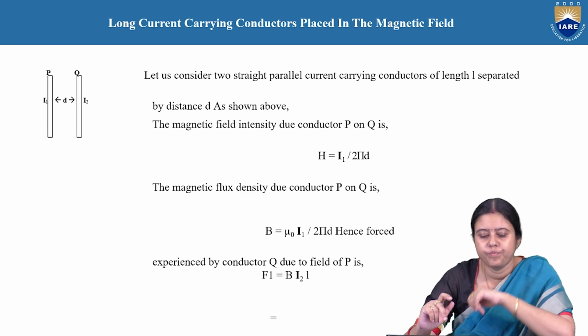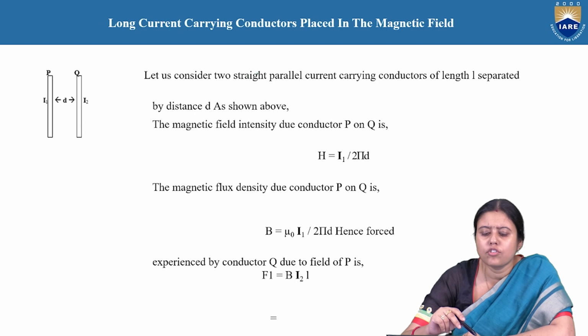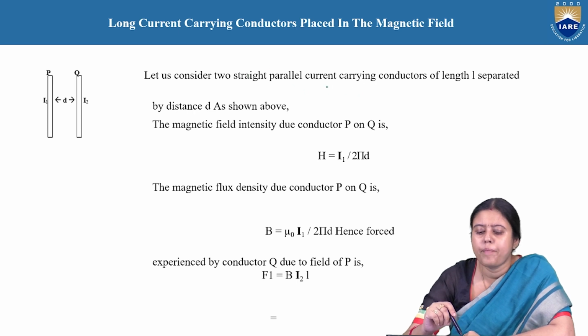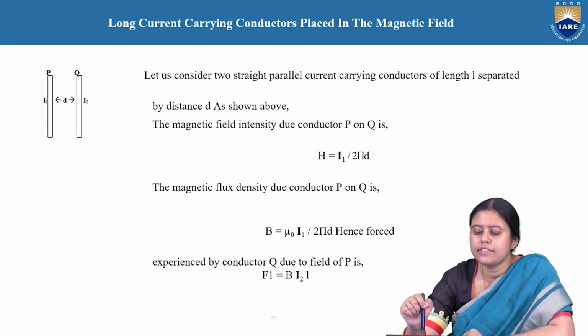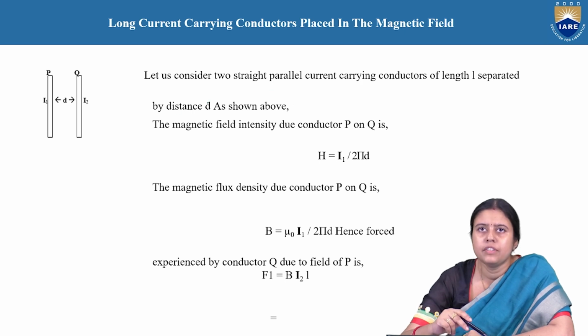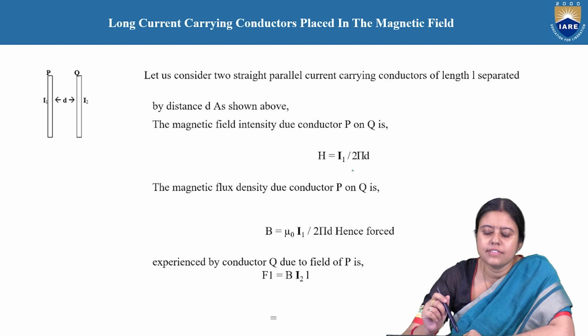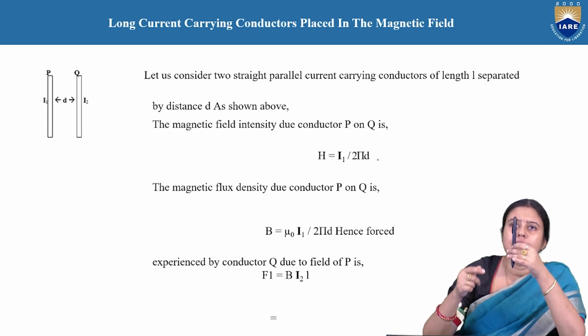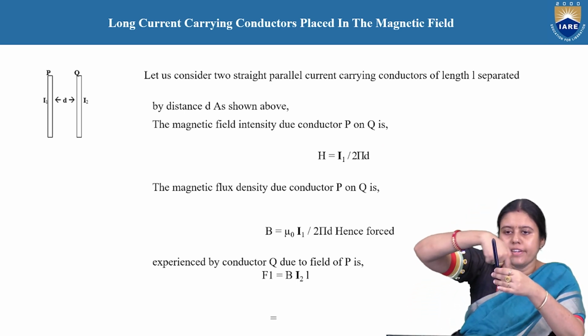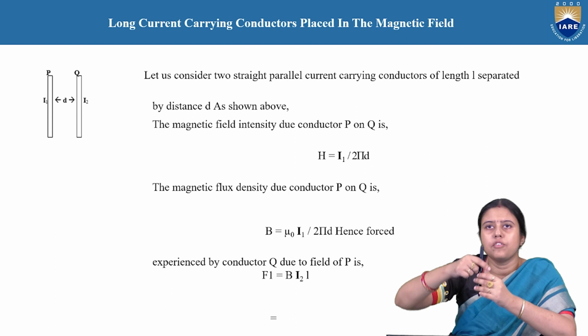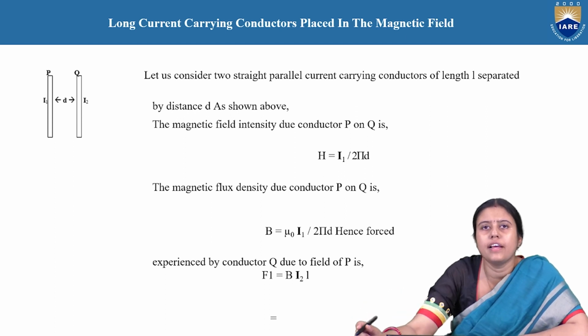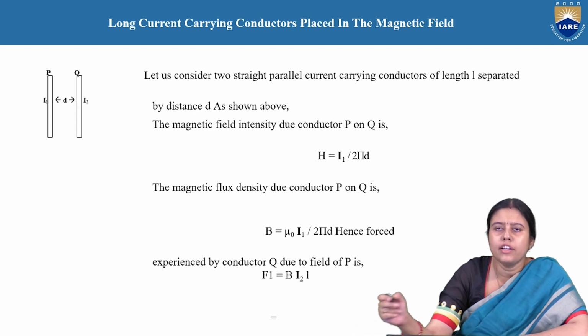Let us consider two straight parallel current carrying conductors separated by a distance d. What is H? H is nothing but I by 2 pi d.